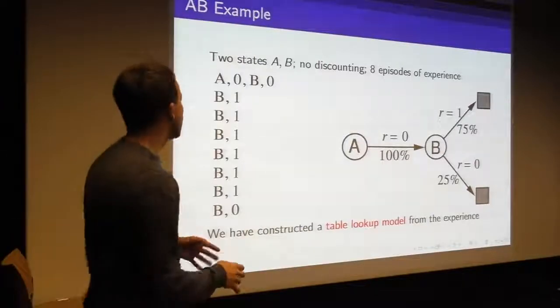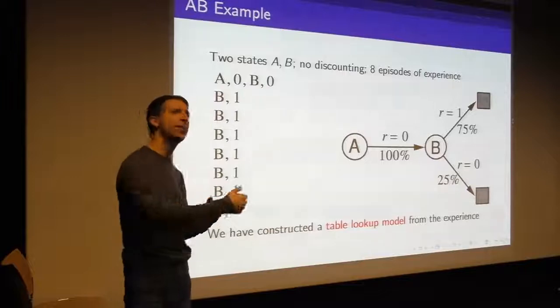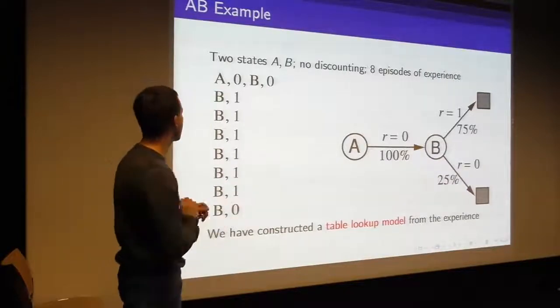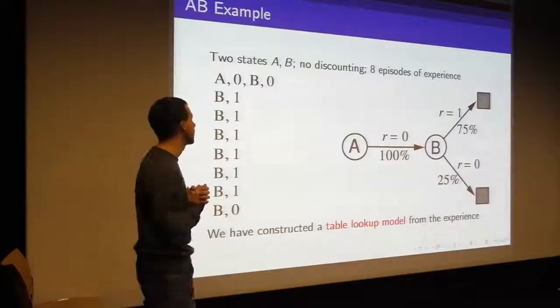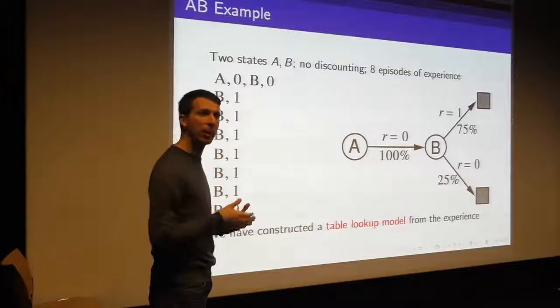Okay, let's make this concrete. We've had this example once before, but I'm going to take it one step further in this class. We had this really simple A-B example when we were talking about understanding temporal difference learning. We're going to use it for a different purpose here, which is model learning.